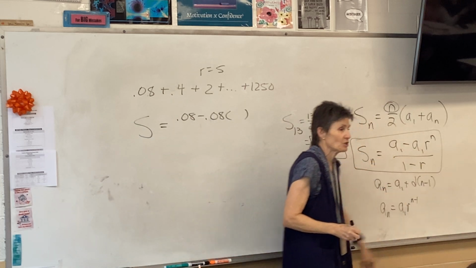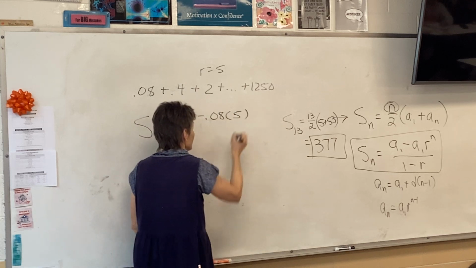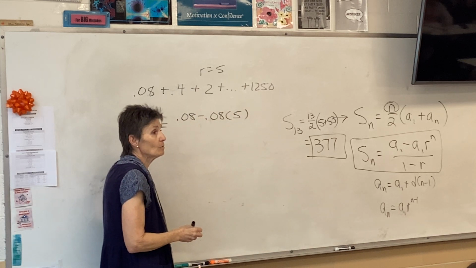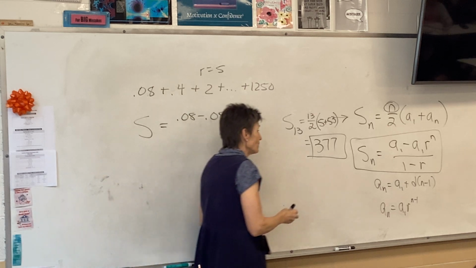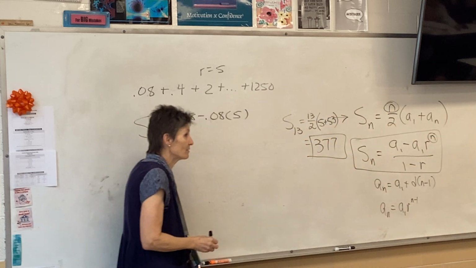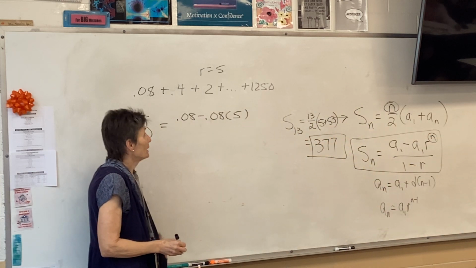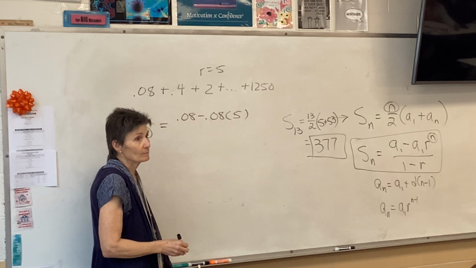Do we know the ratio? Yep, it's 5. You figured that out. What else do we need to know? How many there are? And I have that gap again. I don't know how many there are.